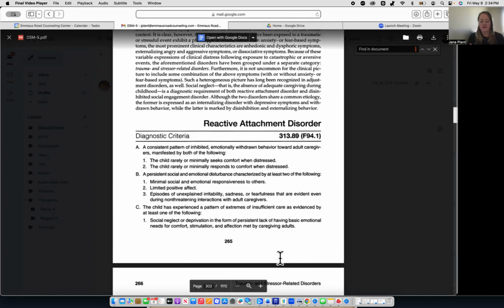Typically I've seen this diagnosis play out with kiddos that were in foster care or ones that were adopted. Now, being adopted or being in foster care isn't necessarily an indicator of somebody meeting the criteria for reactive attachment disorder, but the premise is due to childhood trauma and an inability to attach to a primary caregiver at a really early age.